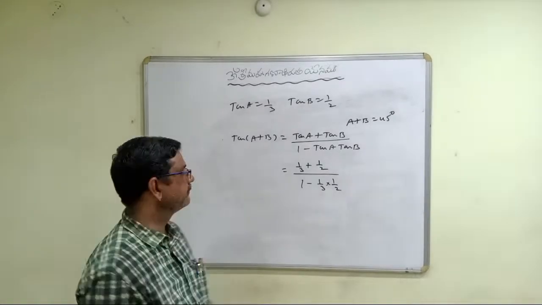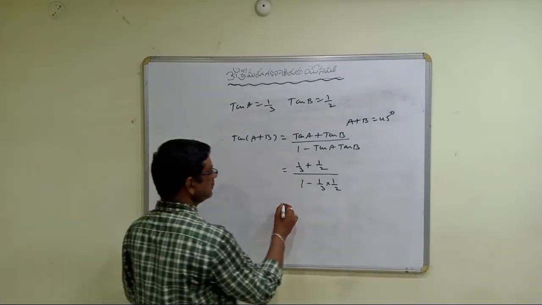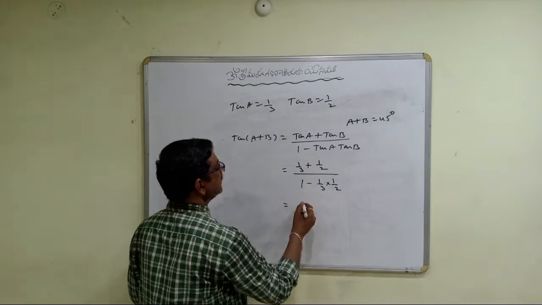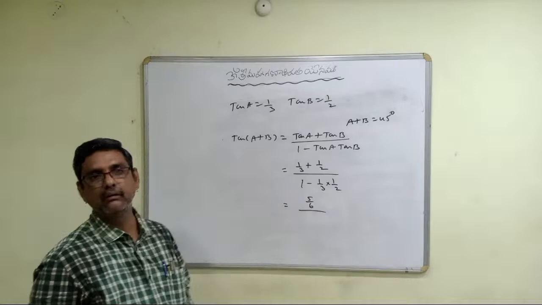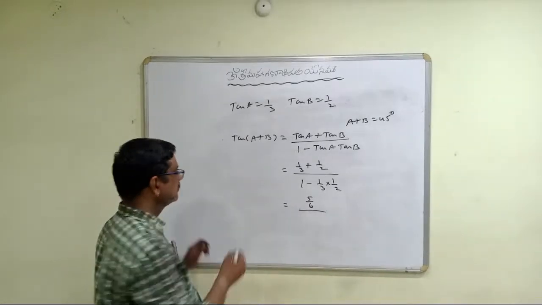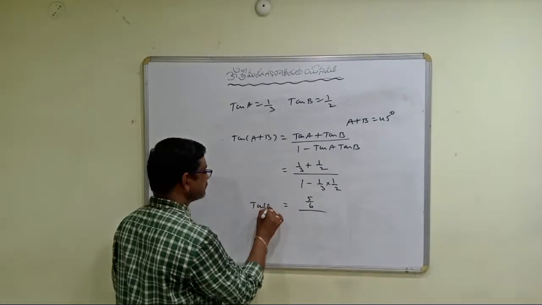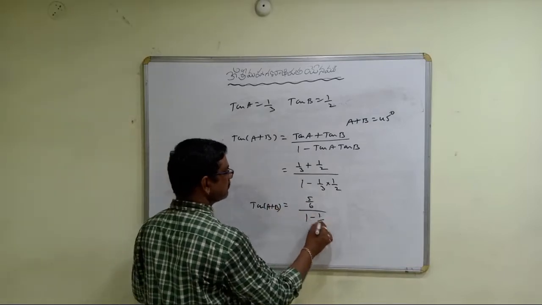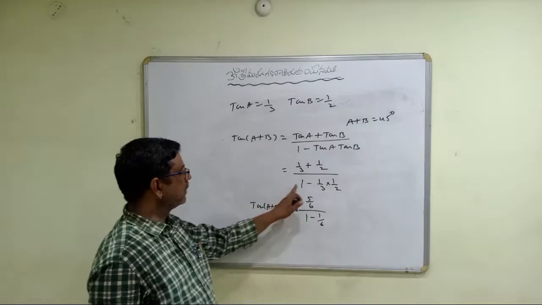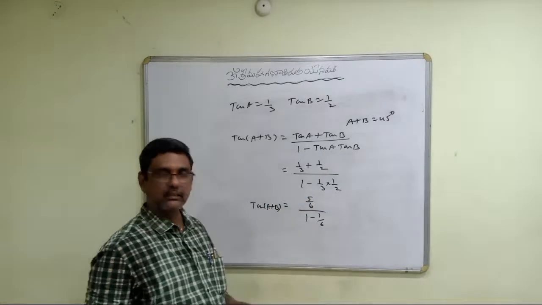Simplify this. 1 by 3 plus 1 by 2 is nothing but 5 by 6, taking LCM and simplifying. And here, 1 minus 1 by 3 into 1 by 2, that is 1 minus 1 by 6.